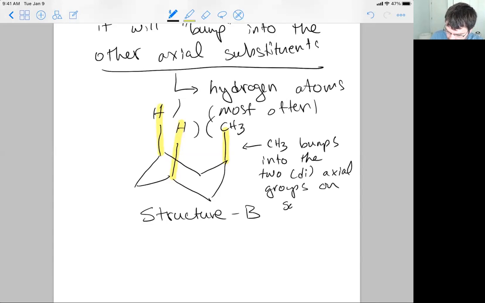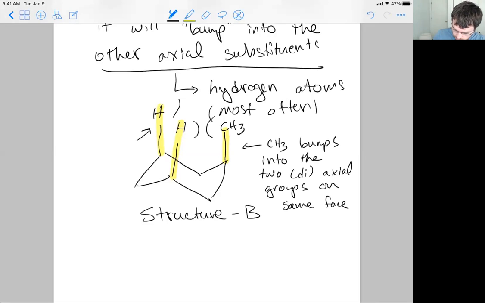on the same face. Okay, I realize that there are 3 axial substituents that I'm not drawing here on the opposite face. The CH3 is too far away from those axial substituents to feel this effect. So we have our diaxial interactions.